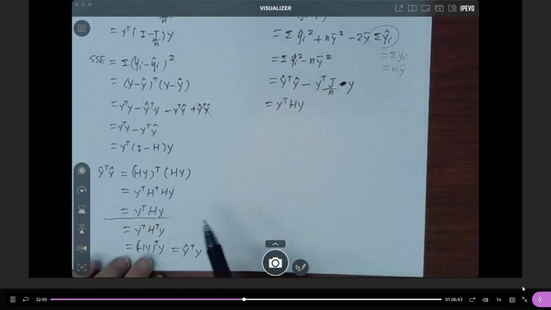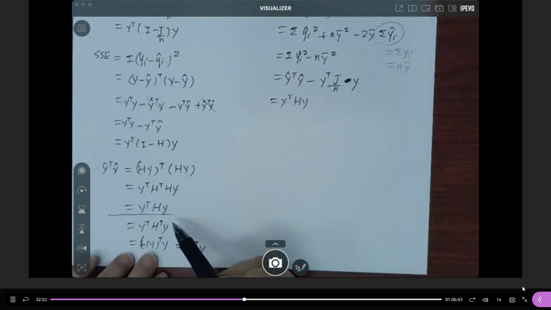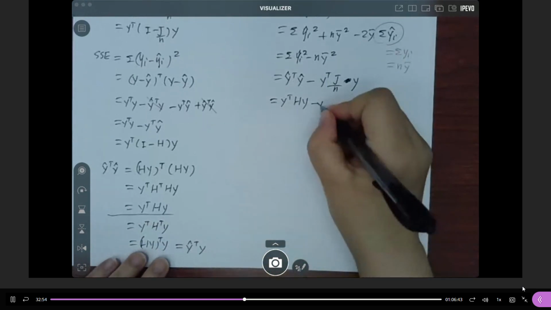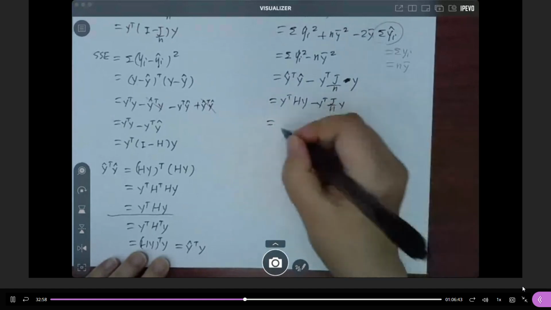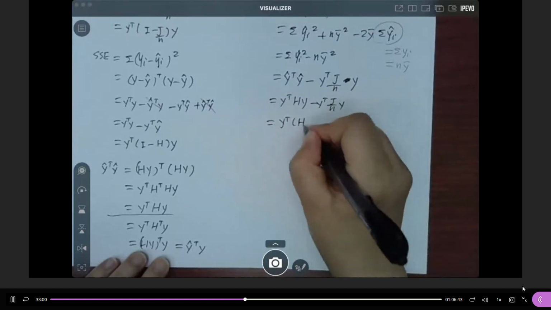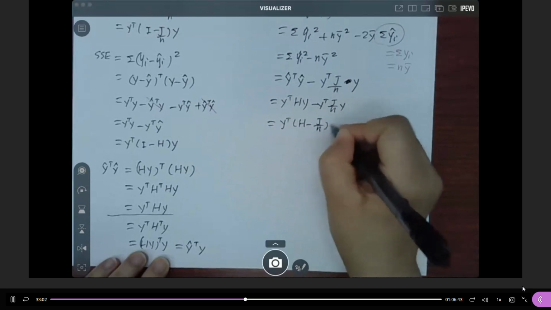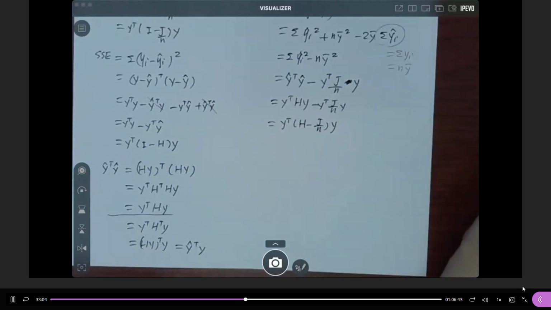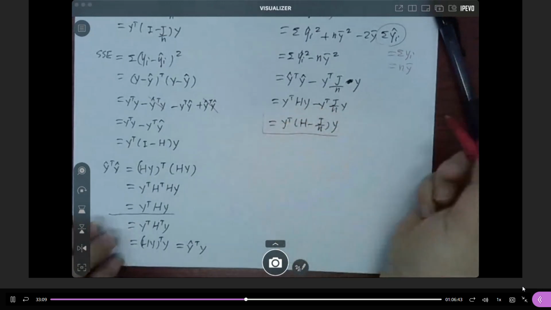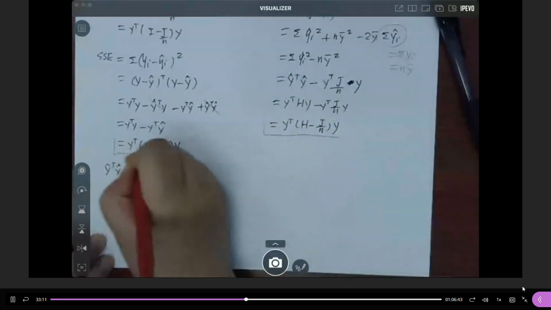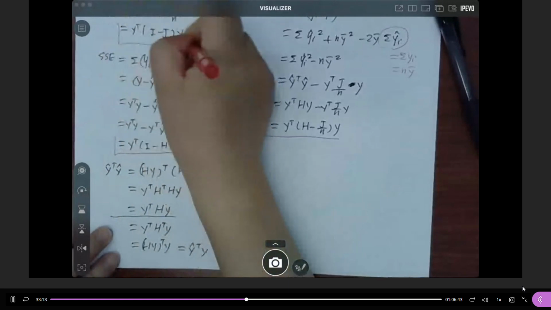We just did it here, right? Minus y transpose J_n y. So you take out y transpose and y on both sides, and you get H minus J_n. So this is the final for SSR. This is the final for SSE. This is the final for SST.